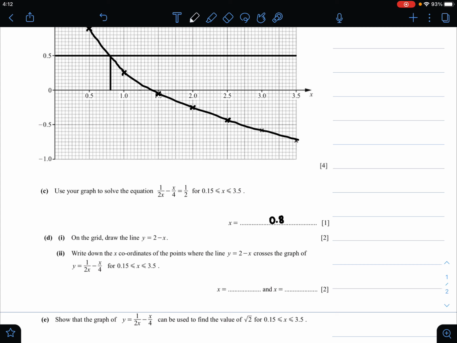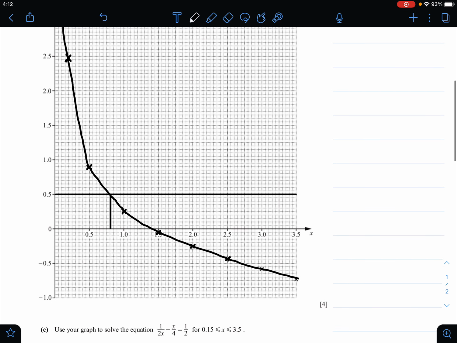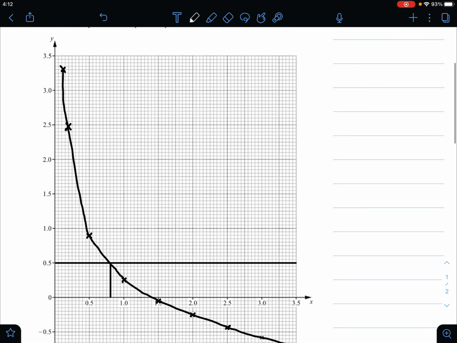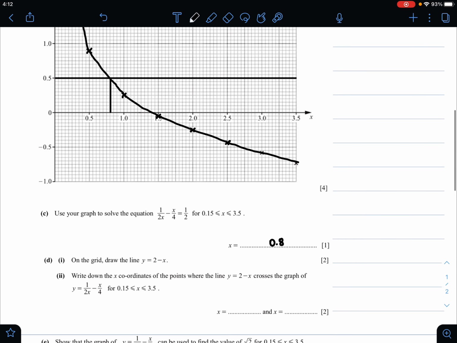For part D1, they are asking us to draw the line y is equal to 2 minus x. To draw this line, we need two coordinates of the line. If we substitute x as 0, y would be equal to 2. That point would be right here. If we substitute y as 0, x would be equal to 2, and we can't plot that point, so let's take another point.